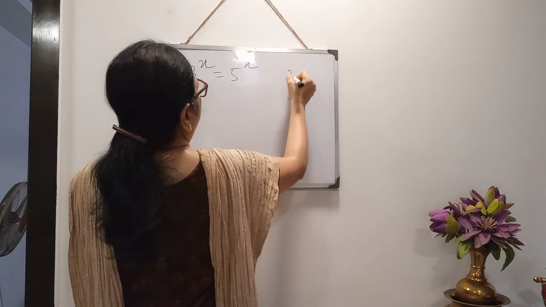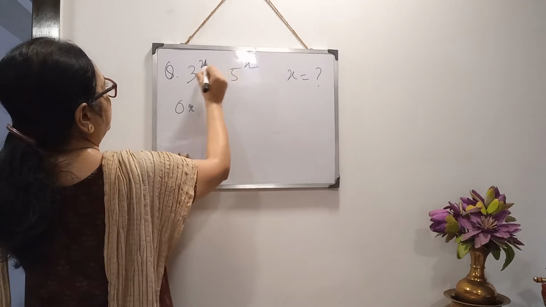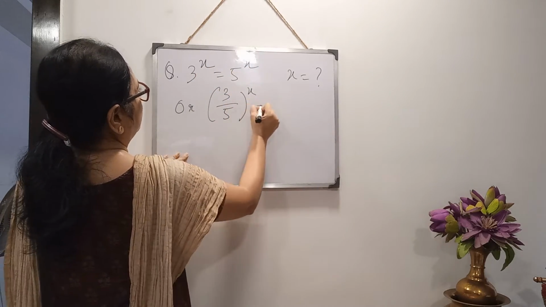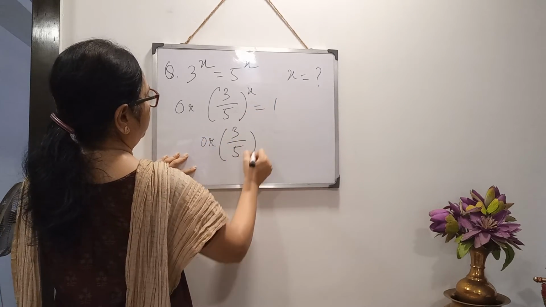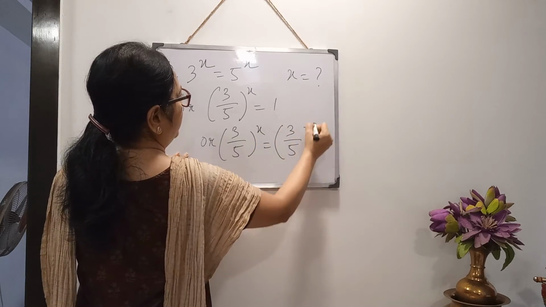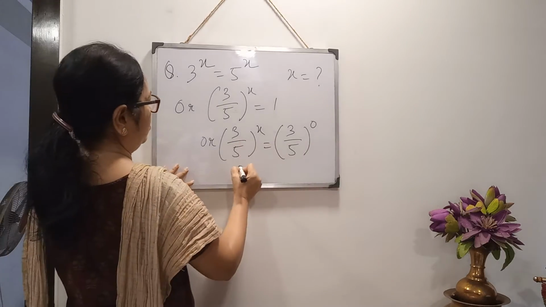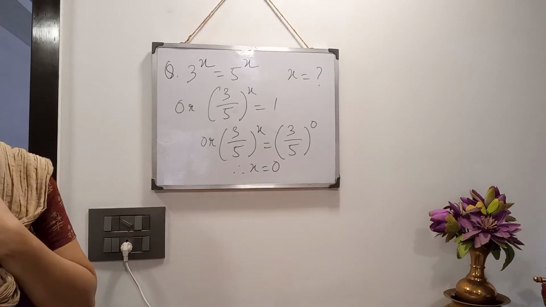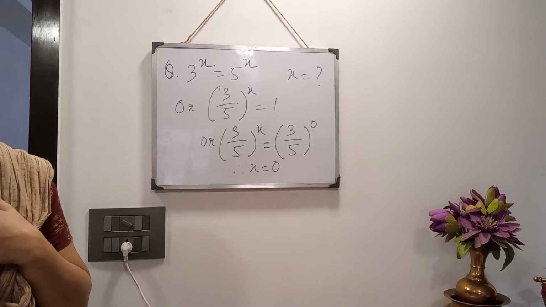You have to calculate the value of x. How can we do it? Both the powers are the same. So you write 3 by 5 to the power x equals 1, which means 3 by 5 to the power 0. From here the base is the same, therefore x equals 0. Value of x is 0.